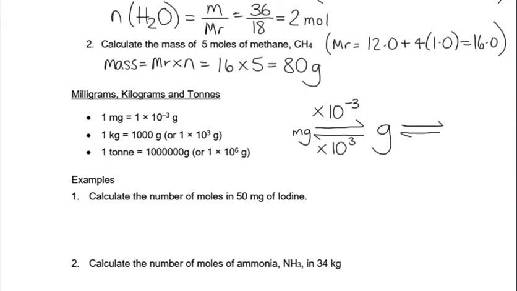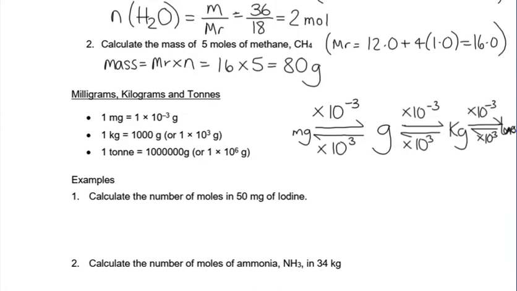If I want it in kilograms, then I would go minus 3 from grams to kilograms, but if I've been given it in kilograms, it will be times 10 to the plus 3. And if I want it in tons, squeeze tons in there, again it's another factor of 1,000.